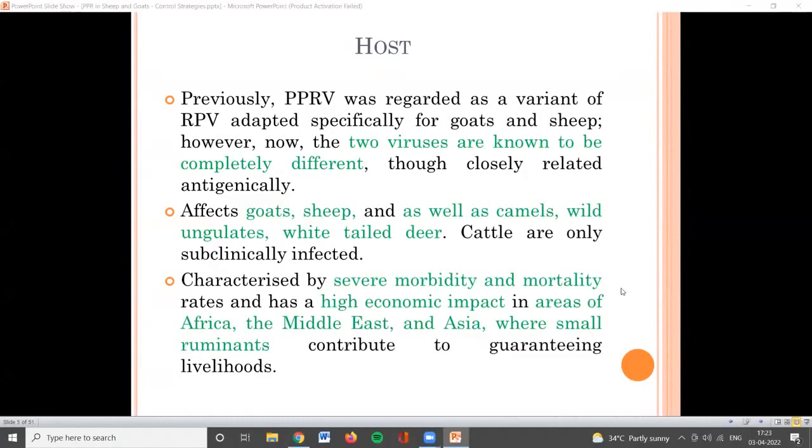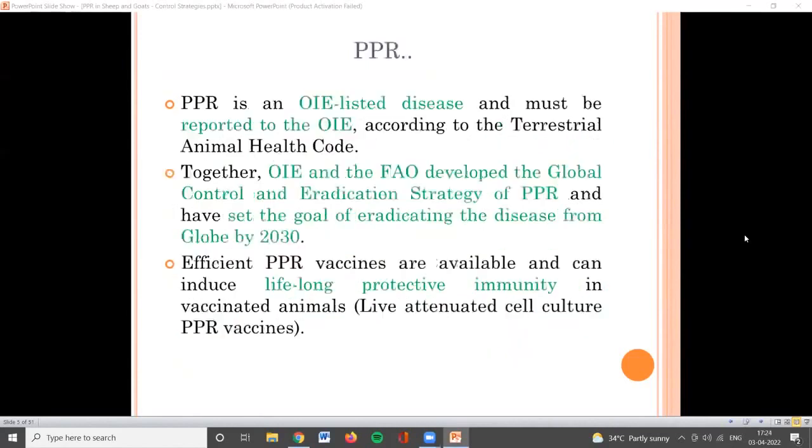We could reduce the mortality rate of PPR by avoiding secondary complications like bacterial or other diseases. It has a high economic impact in areas of Africa, the Middle East, and Asia, where small ruminants are the livelihood of small farmers or landless farmers.